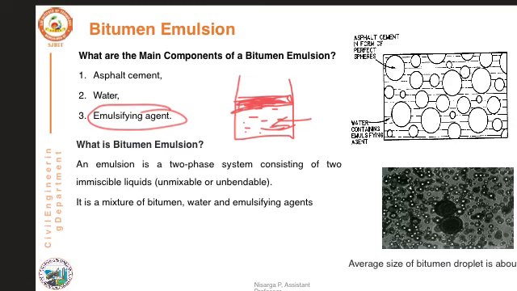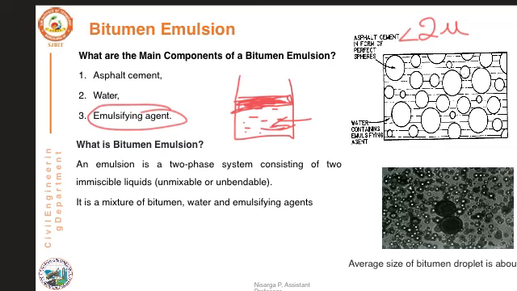The emulsifying agent breaks down bitumen in the form of globules or spheres, or droplets, of about 2 microns or sometimes even less than 2 microns. In the presence of emulsifying agents, the bitumen globules will be suspended in the solution of water.